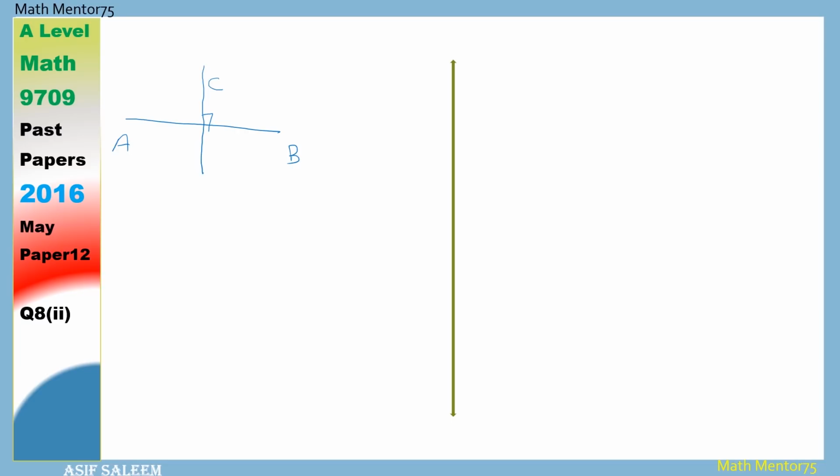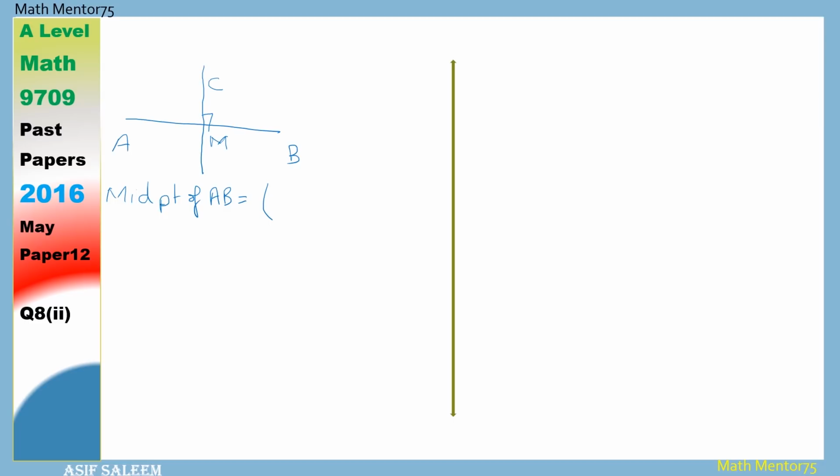As this is a perpendicular bisector, let's say this point is M. This is the midpoint of AB. It means first of all we have to find out the midpoint of AB. The formula for the midpoint is x1 plus x2 over 2, y1 plus y2 over 2.